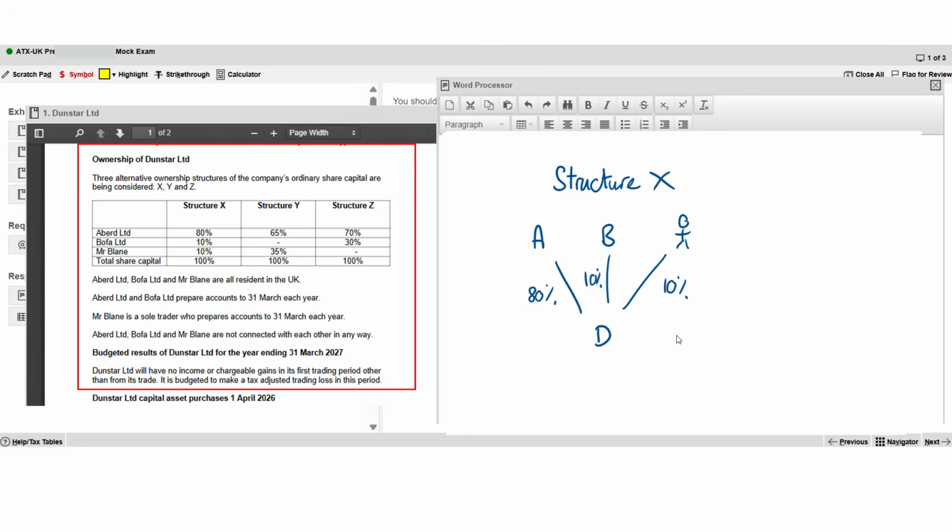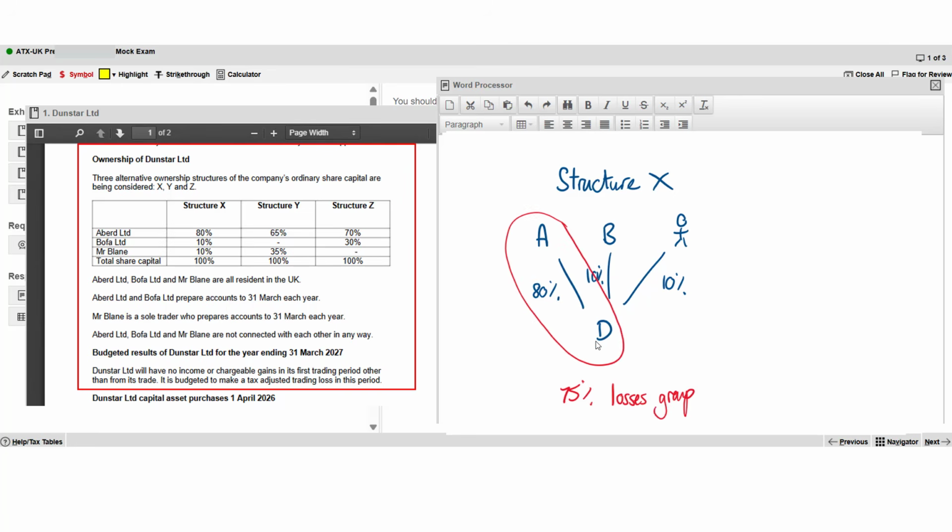So in this structure, structure X, we've actually got 1 company with an 80% share, and that means that A and D will form a 75% losses group. And within a 75% losses group, the losses in Dunstar can be surrendered against the profits in Abaird Limited. So that's what we need to make sure that we write about in the answer.